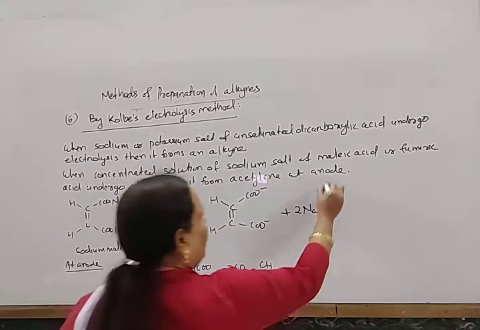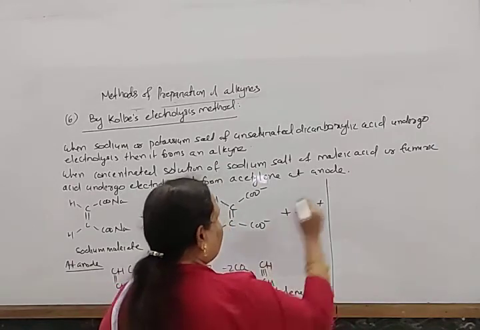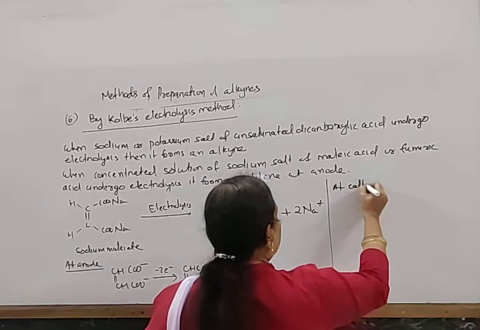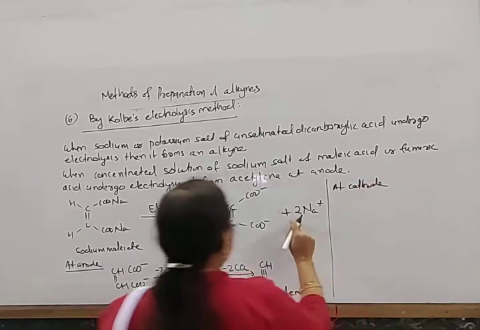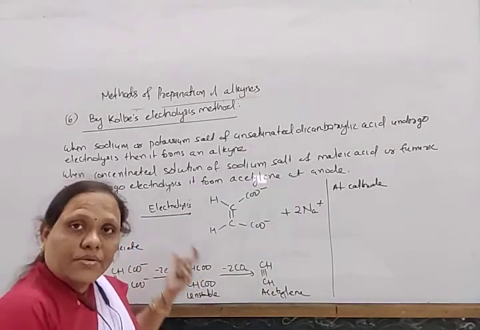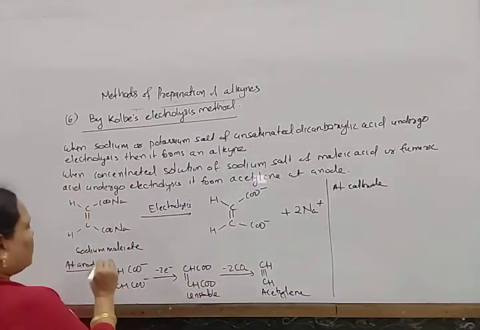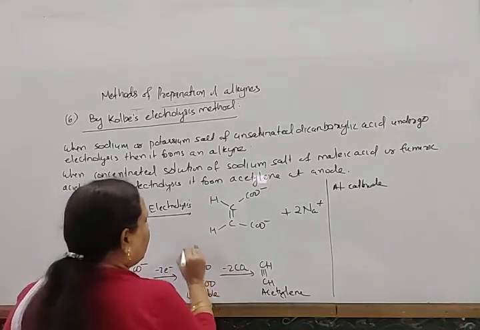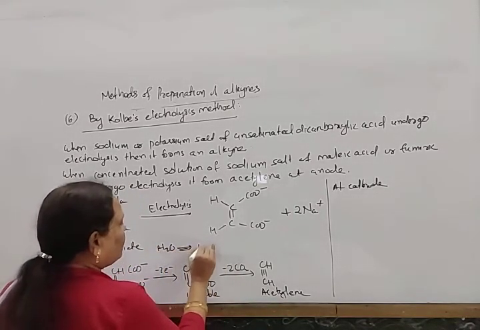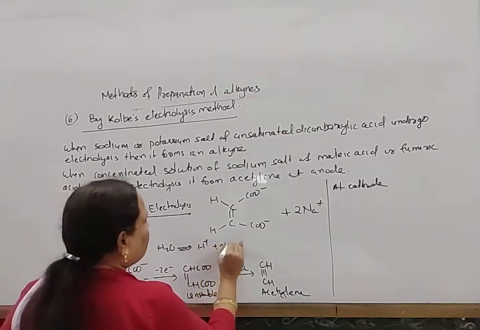And what happens at the cathode? At the cathode, Na plus is there, and we are taking the aqueous solution. Water is also there. So water breaks as H plus and OH minus.